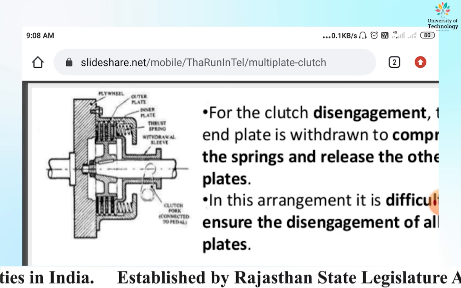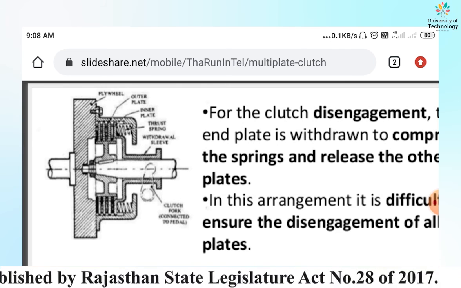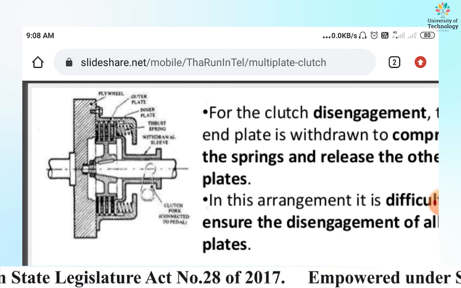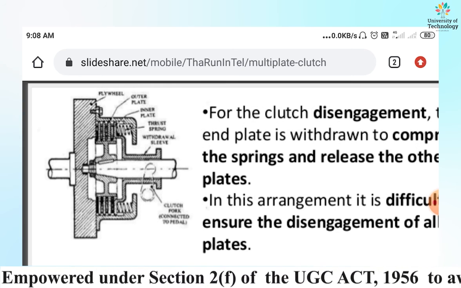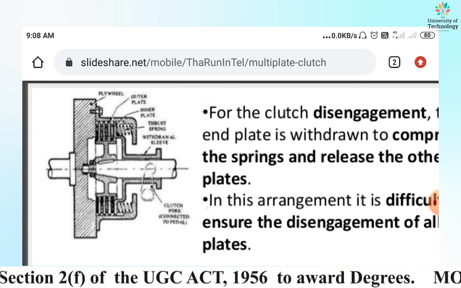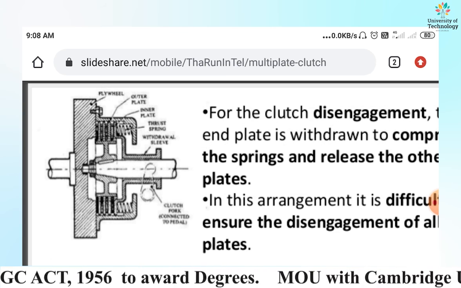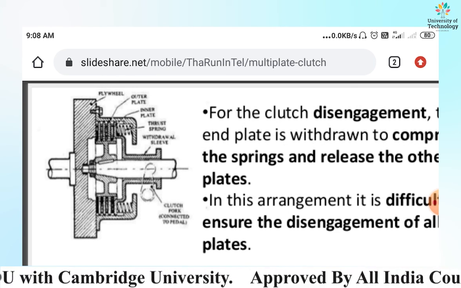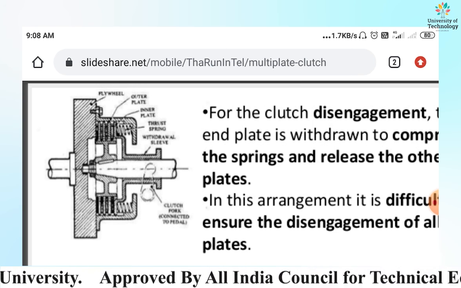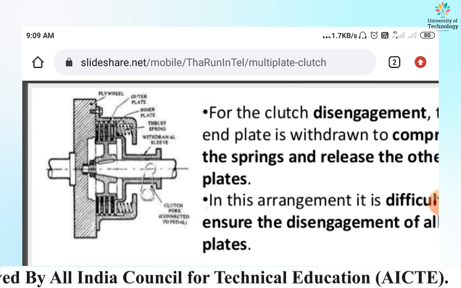A flywheel is connected to the engine shaft or input shaft to minimize the fluctuation of speed and store kinetic energy for a certain time.